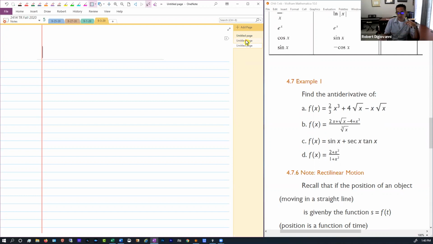And even then, the only thing that saved us with the long division is that we had the 1 plus x squared on the bottom. If that was 1 plus x cubed, we're done. We're stuck. We can't do it. Right now we have a very limited amount of stuff we can do, so I'm hesitant to give you something harder.